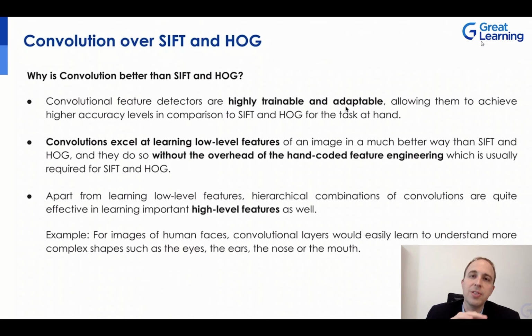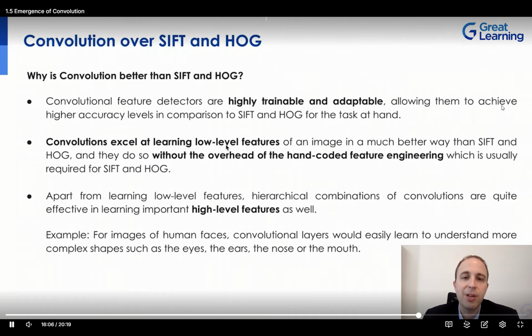HOG and SIFT will just give you one output, the same output every time. But with convolution, you just change little parts of your convolution matrix and you get different results and detect different features. So depending on what task you're interested in, you can choose a convolution matrix that's perfect for the task that you like.